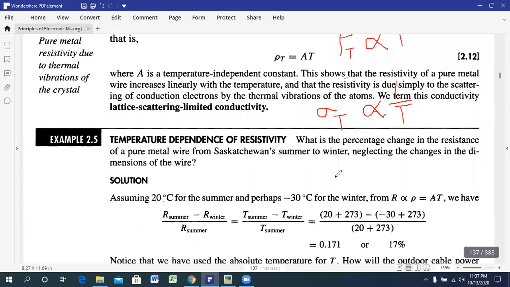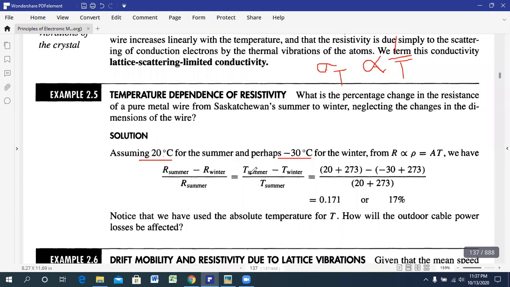Now, in the same way, try to solve example 2.5, temperature dependence of the resistivity. Because the writer is from Canada, he shows the values of Saskatchewan from summer to winter. In the summer, the temperature is 20 degrees Celsius, and in the winter, the temperature is almost minus 30 degrees Celsius.